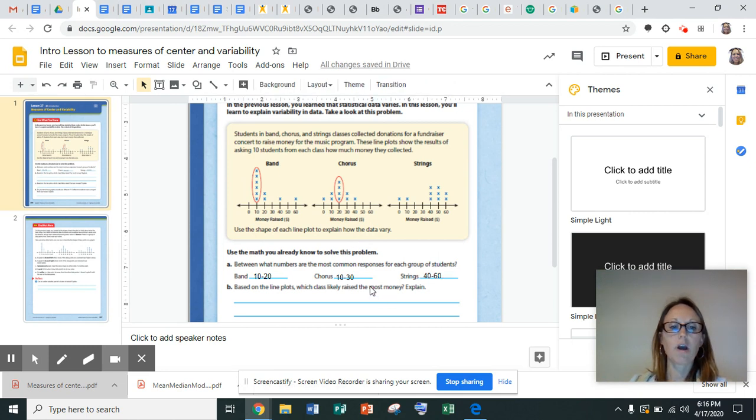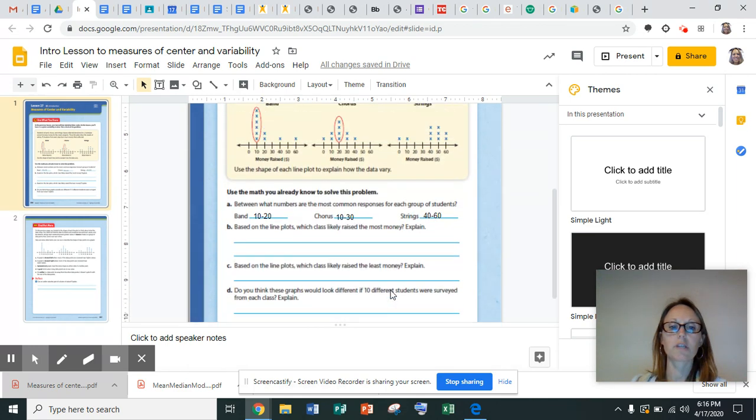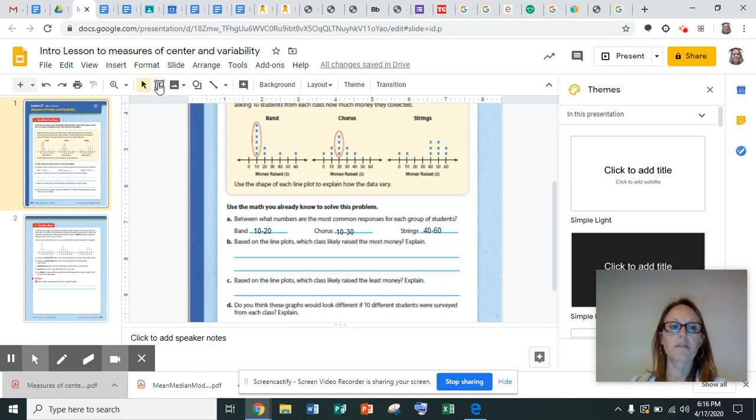Okay, now our next problem says, based on the line plots, which class likely raised the most money? Okay, and we have to explain our answer. So I'm going to first insert my text box, and then I'm going to answer the question.